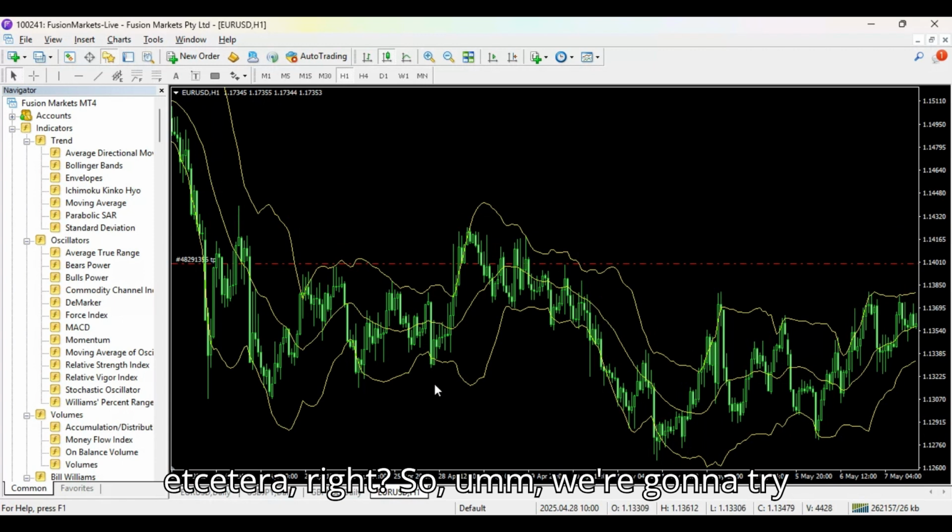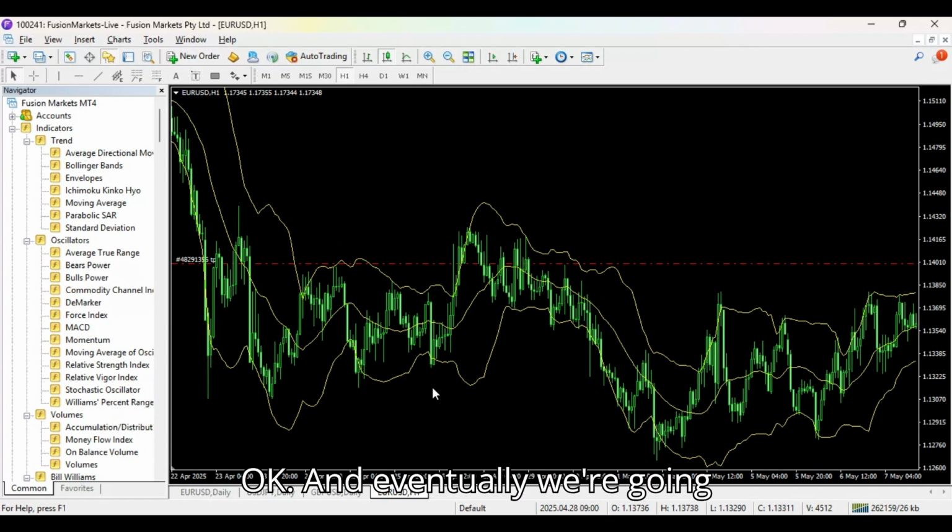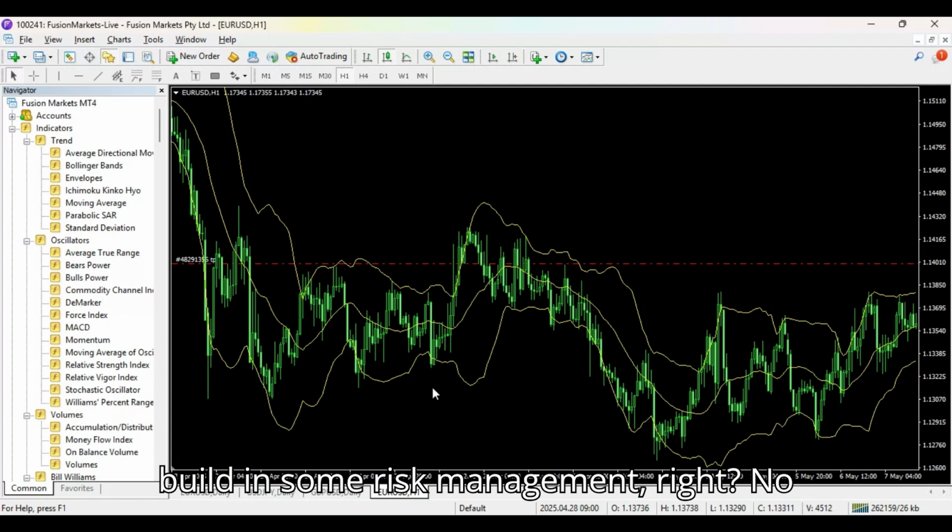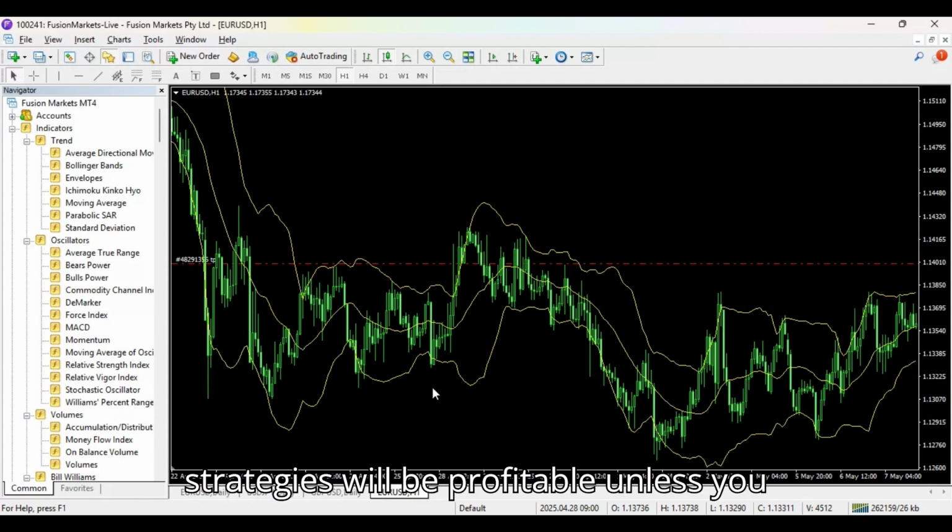Right? So we're going to try and build an EA, okay, and eventually we're going to enhance the EA. We're going to build some strategies. Very important to build in some risk management, right? No strategies will be profitable unless you have a very strong risk management concept, okay? And this goes with any strategy.